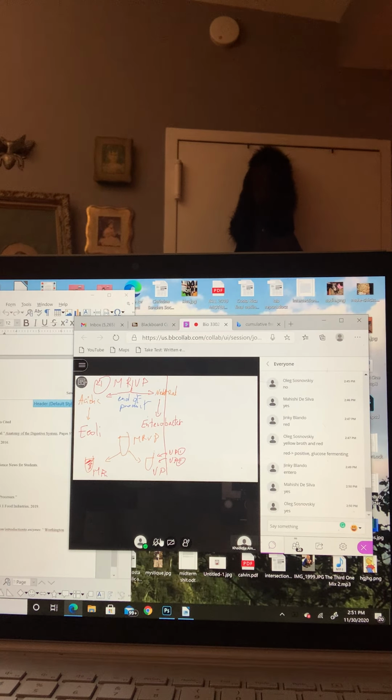Between 20 to 30 minutes. If it turns red, your microorganism is VP positive, and the end product is neutral. So the MRVP test differentiates between different types of Enterobacteriaceae: the E. coli has an acidic product, and the Enterobacter aerogenes has a neutral end product.